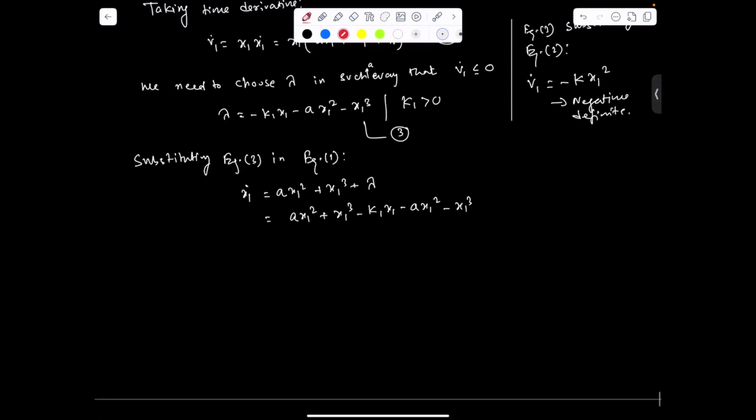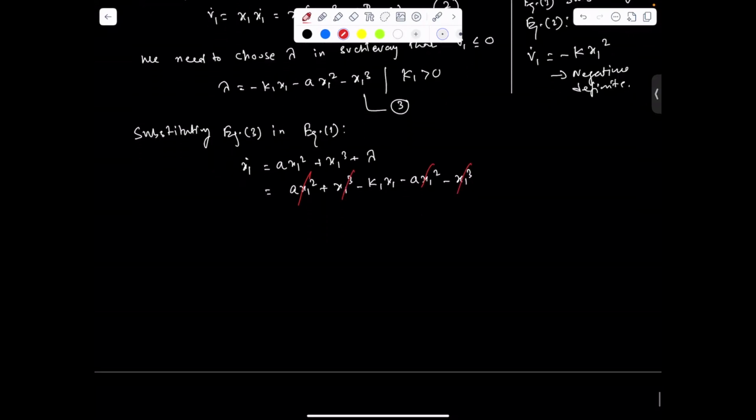So here this one gets cancelled, this one also gets cancelled, and we are left with minus k1 x1, and this is globally asymptotically stable since k1 is greater than 0 here.